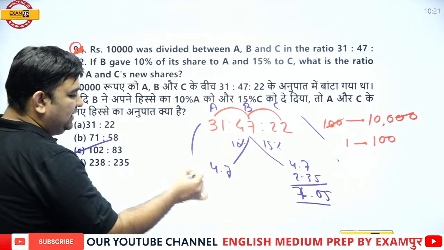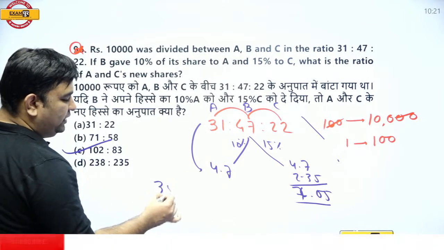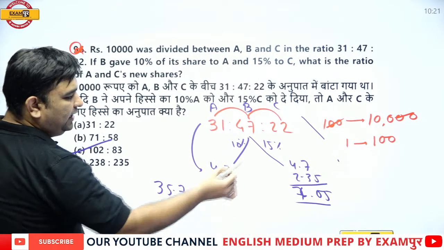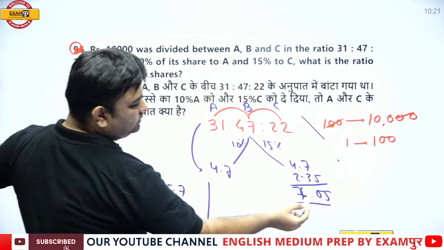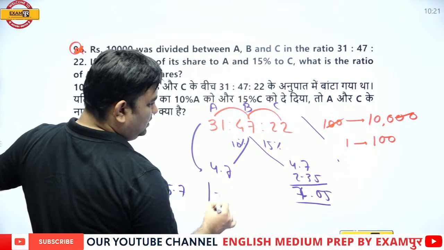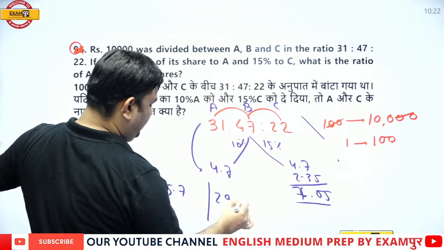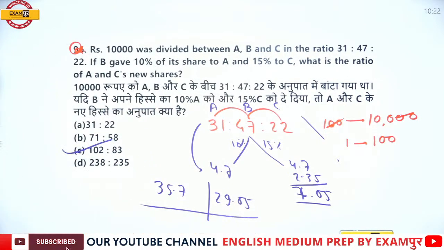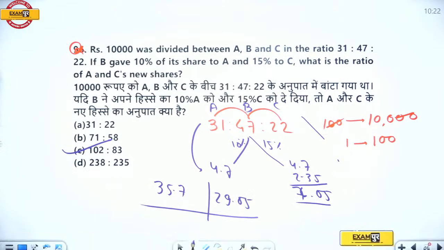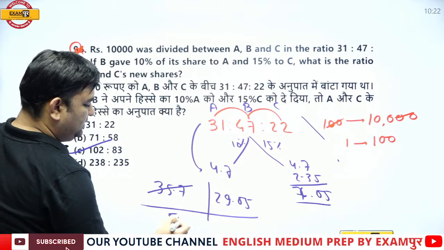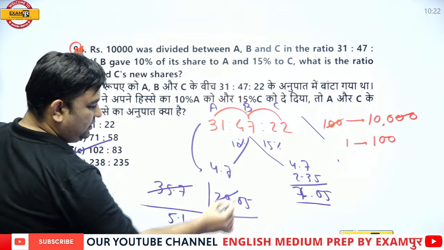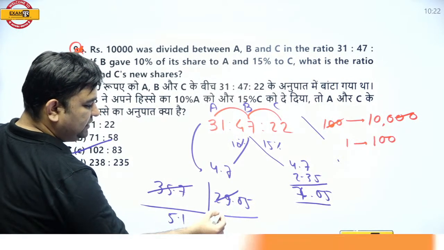You can add these values directly. It will become 35.7 and it will become 29.05. When you simplify this, you will again get the same values. 7 5 ja 35, 7 1 ja 7, 7 4 ja 28.